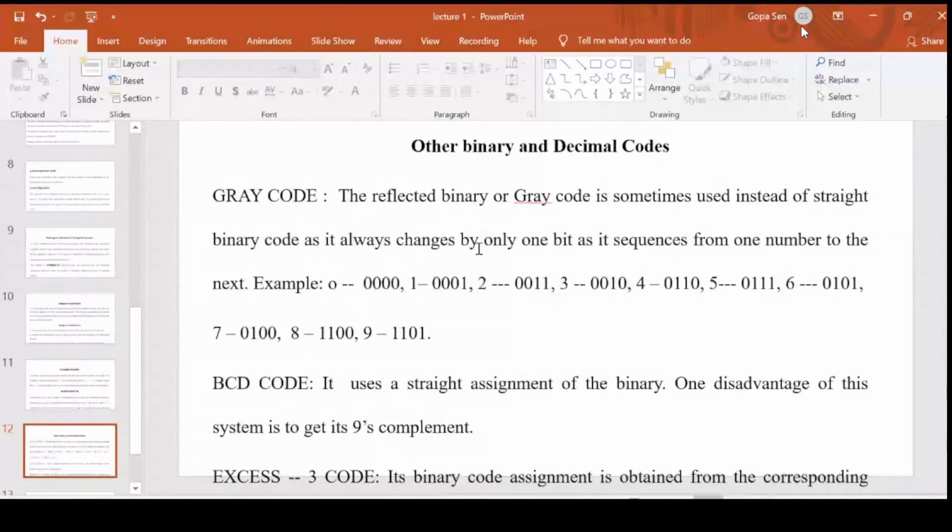In gray code it is 0011, so that only one bit is changed, and 3 is represented as 0010, so that as you go on, you only change one bit. Similarly, 4 is represented like this. So the gray code is used generally in counter systems, where we go on incrementing the number by changing only one bit.